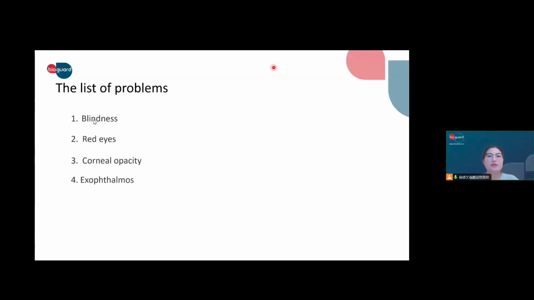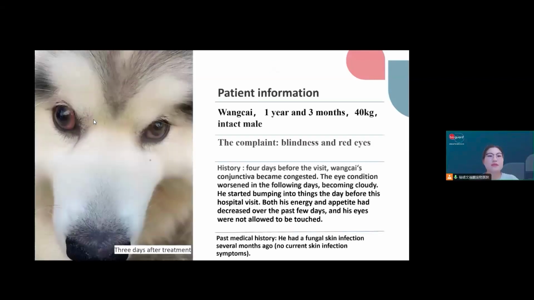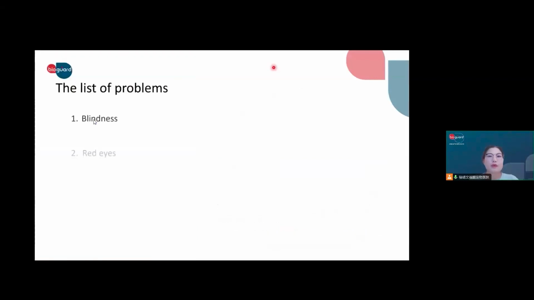Did you notice that? If you didn't notice that, let's go back to the previous slide and look at this picture again. Have you seen that? Both eyes protrude from the sockets. So now we know that he also had exophthalmos.